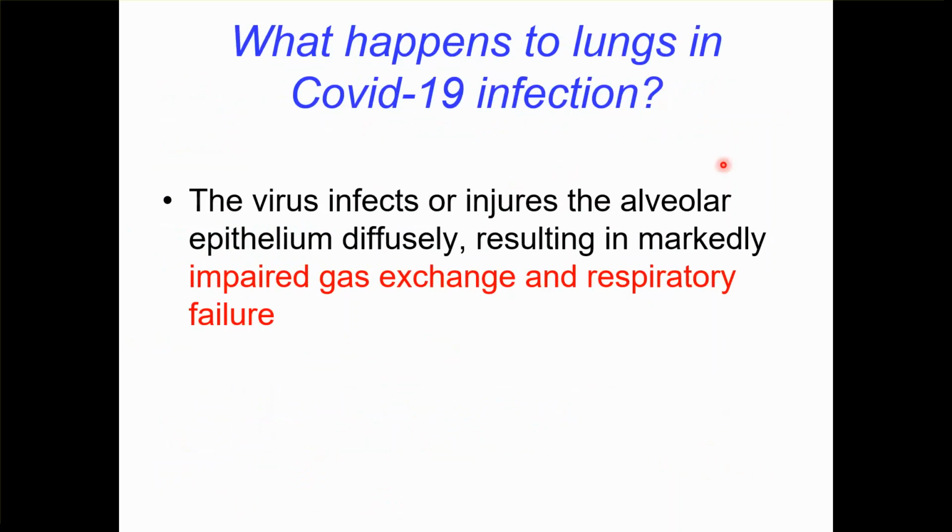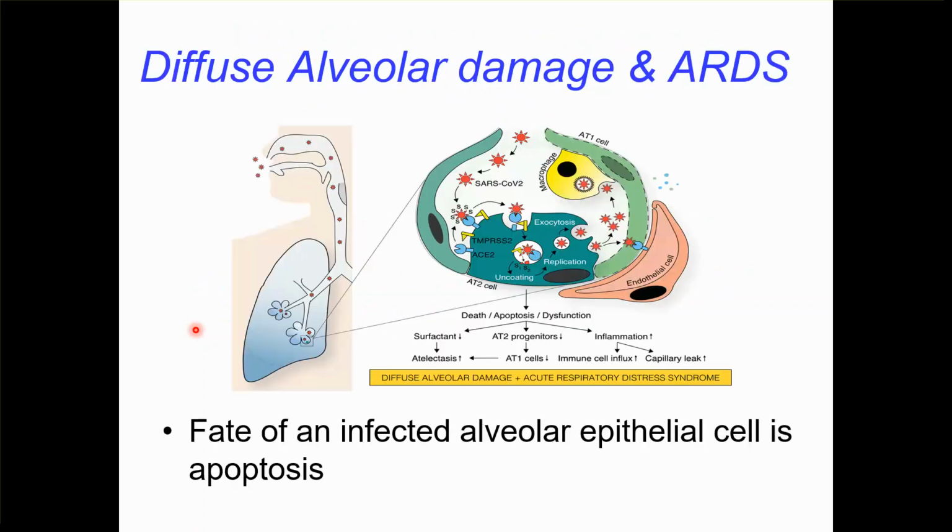Let's look into what happens to the lungs during COVID-19 infection. The virus infects or injures the alveolar epithelium diffusely, results in markedly impaired gas exchange and respiratory failure. So there is diffuse alveolar damage, and there is ARDS.